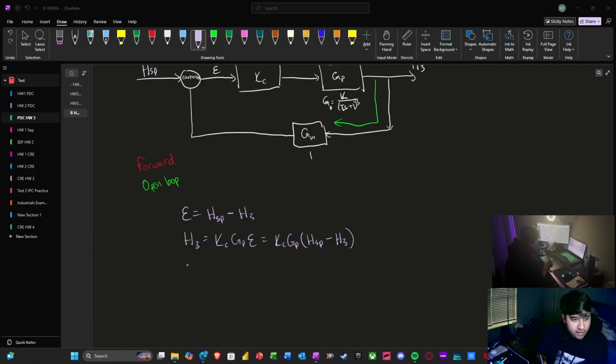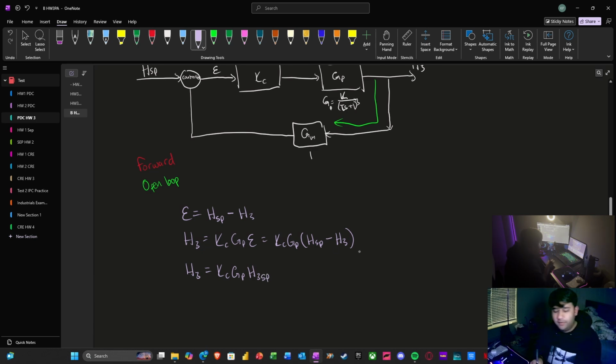If we distribute that over, we get KC times GP times H3SP, since it's relative to those heights, minus KC GP times H3.